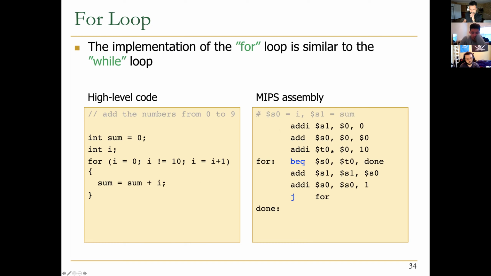So we add 10 to T0. T0 we use typically when you have a particular number as a part of the condition you are checking. You want to use one of these temporary variables, and explicitly put it into a particular register.